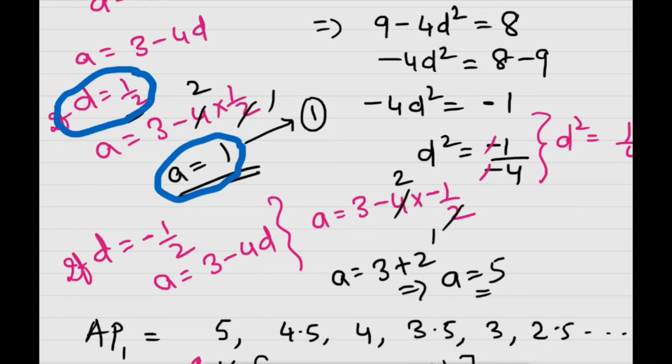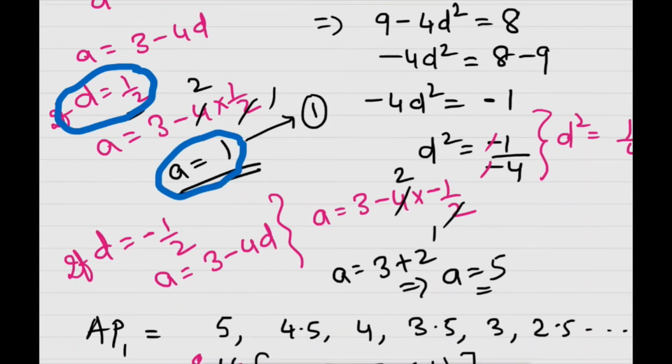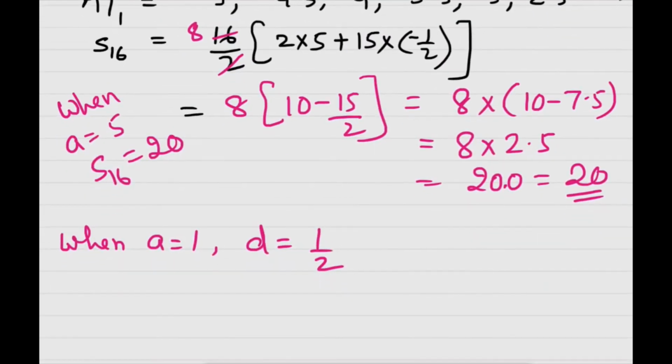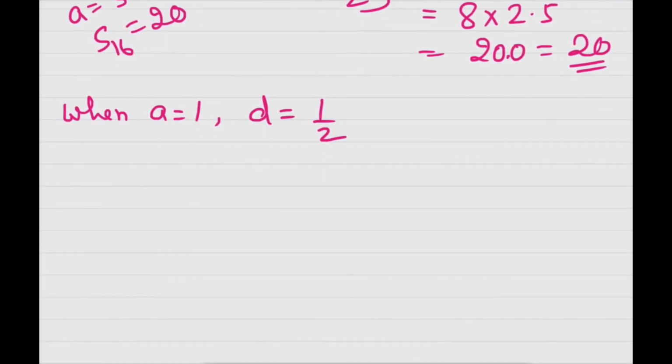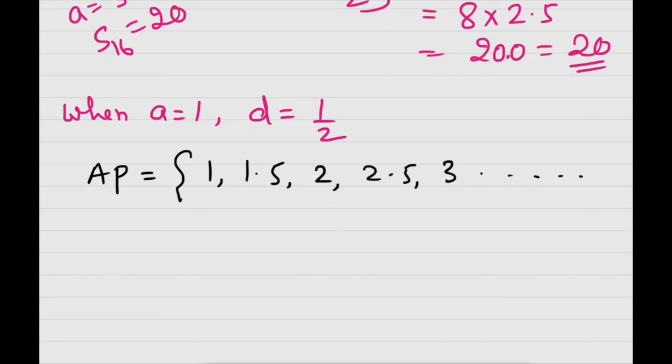So we are following the same thing for the second AP. So what AP you are going to get here? Here you are making an AP as 1, then 1.5, 2, 2.5, 3, like this AP is moving.